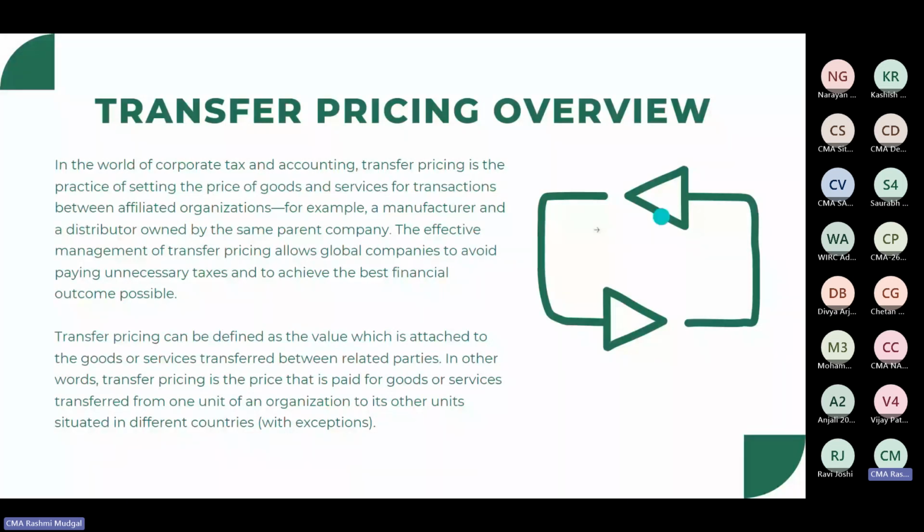Transfer pricing can be defined as the value attached to the goods and services transferred between related parties. The important words here are related party. Whenever we are transferring any goods or services to a related party, we are going to calculate the transfer price.